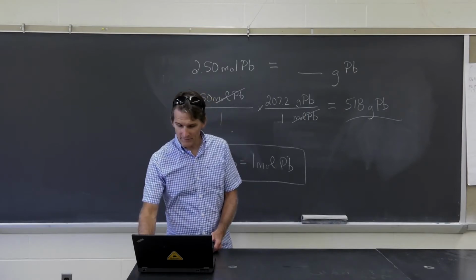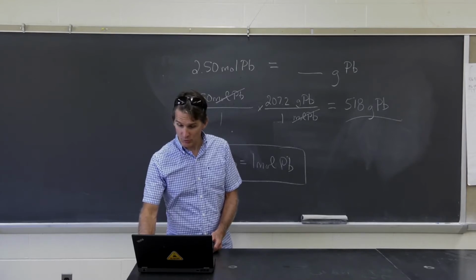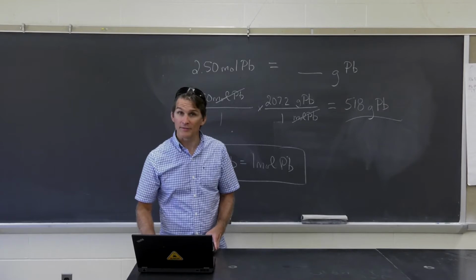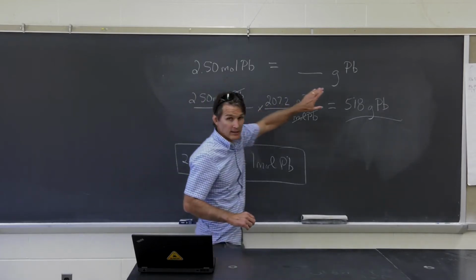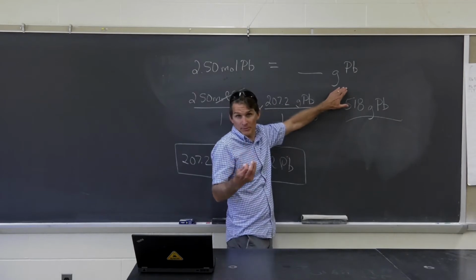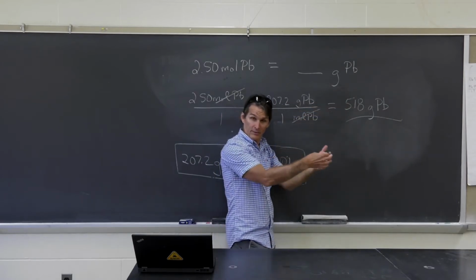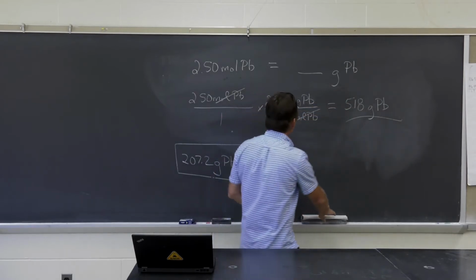What amount of tin, in moles, is equivalent to 36.5 grams of tin? In this case, instead of going from moles to grams, the question is going in the opposite direction. We have a certain number of grams of tin, and we want to know how many moles that is.